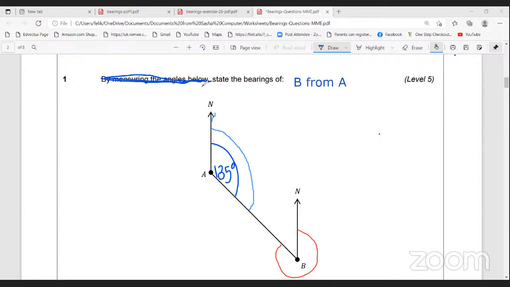It says state the bearing of B from A. We know that B is located here and A is located here, so the angle is around the A point. It says from the north line clockwise, so you locate the north line, which is here, and draw your line clockwise from the north line, which would be this line.